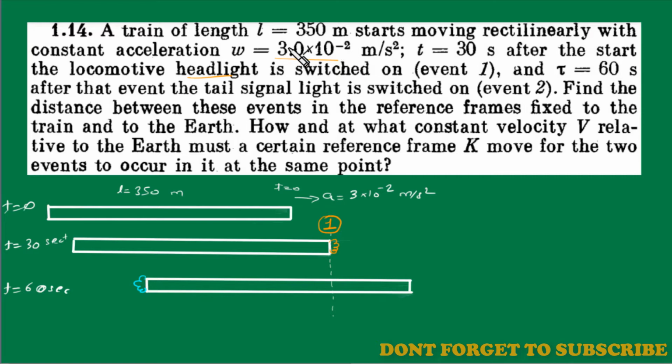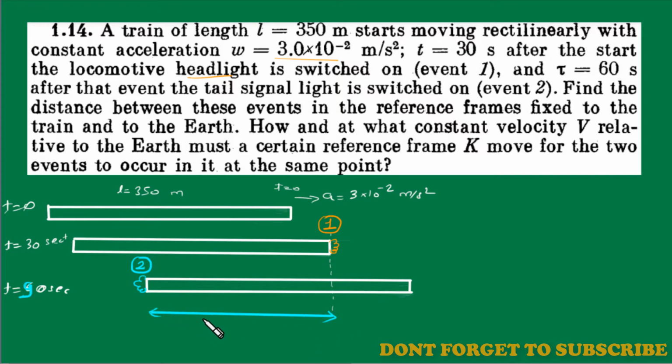So with this acceleration, in 90 second, because this is 90 second, dear student, they are saying 60 second after event 1, and this is considered as event 2. Now tail light is switched on here, so this is event 2, and they are asking the distance between these 2 points.